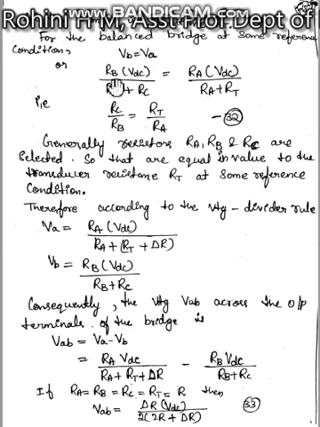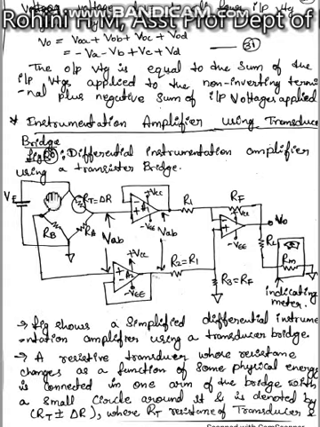So if we simplify this expression, we will end up with RC by RB is equal to RT by RA. This is the condition for the bridge to be in balanced condition.